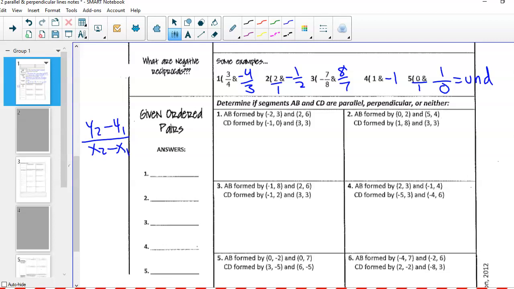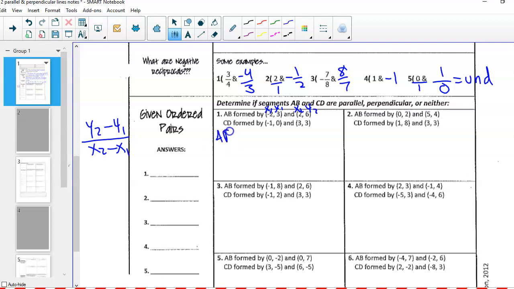In this case, it does not matter which one you choose to be x1, y1, and x2, y2, but you're going to have to find two different slopes because there's two different lines here. So I'm going to do AB first, and I'm going to go through and label these. X1, Y1, X2, Y2. And then go ahead and find your slopes.